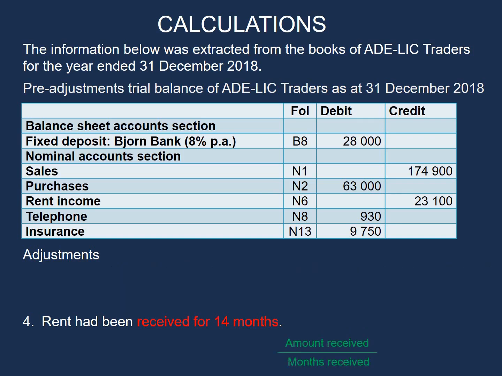We take the amount received divided by the months received, and we received $23,100, which we will find in our trial balance, and we received that for 14 months, and we find that in our adjustments. So 23,100 divided by 14 will give us 1,650, and since we received it for 2 months extra, we need to multiply that by 2 in order to get $3,300, and this is the amount we will record in our general journal.